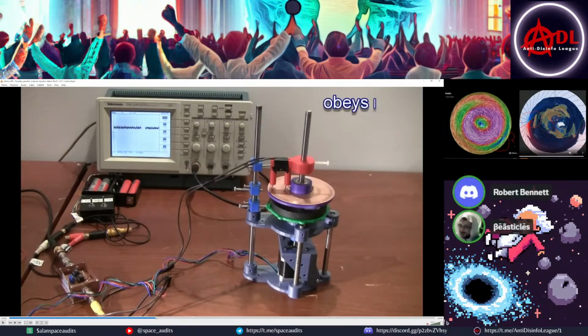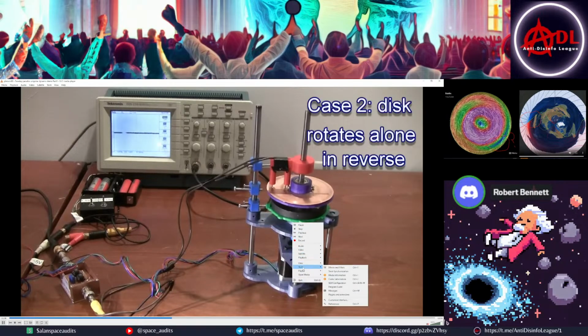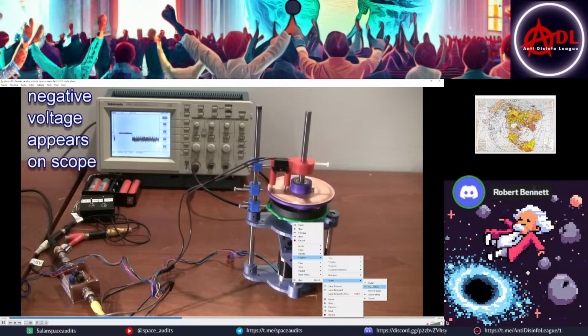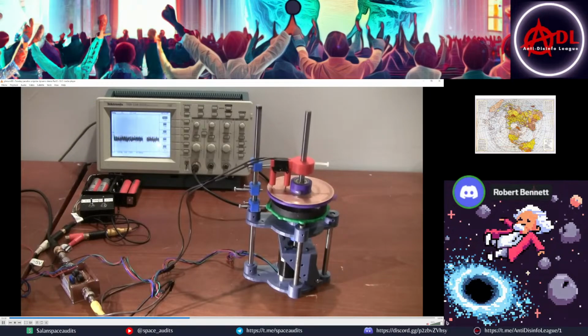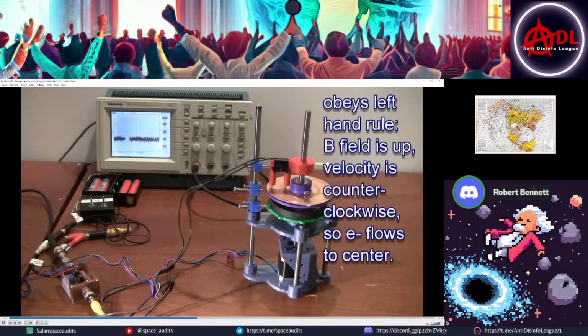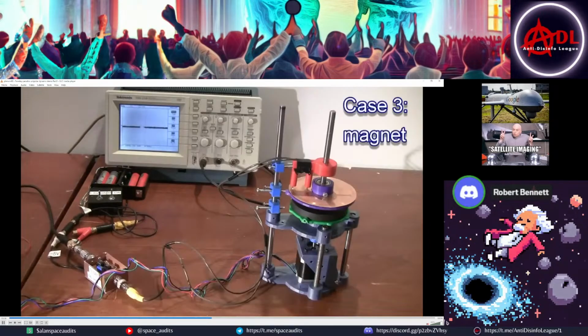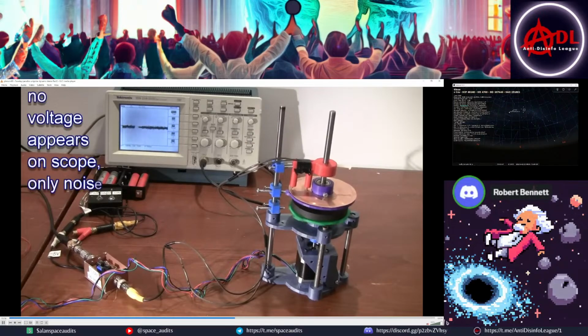Now, the bottom line to all of this: if you do all of the different combinations of disk moving and conductor moving and magnet not, and vice versa, and so on, what you find is that there are two violations of the law of relativity. Faraday's law says that voltage will be produced if there's relative motion between the conductor and the magnet, right?